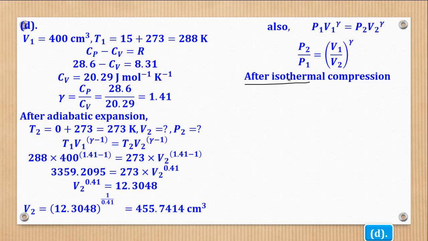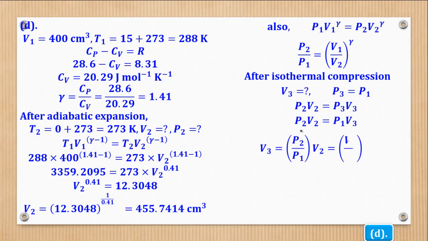So after isothermal compression, we have this, but we know that P3 is equal to P1. So for the isothermal, this is the expression, then we shall come and remember that P3 is equal to P1, so as P3, put P1. Then make V3 the subject, shall come up with P2 over P1, which is similar to this.